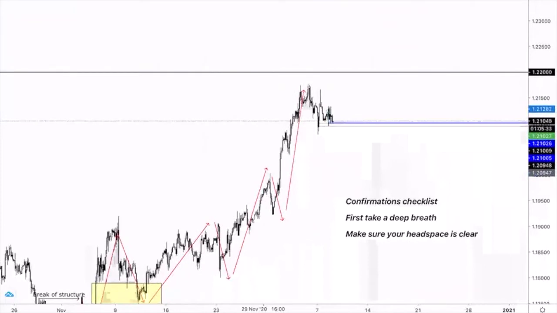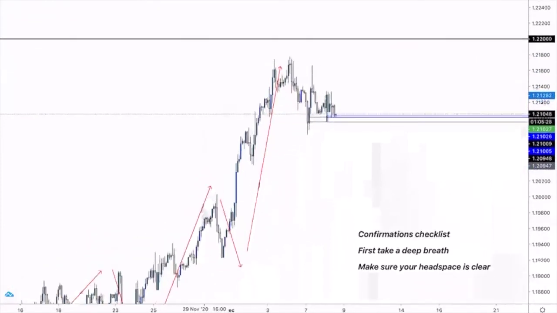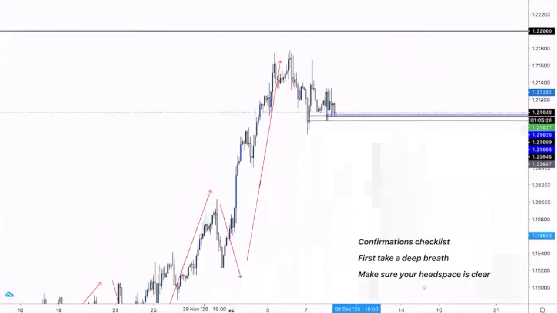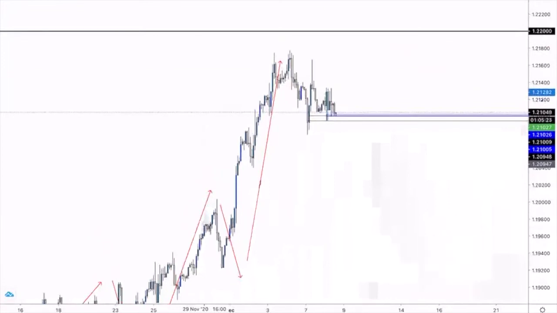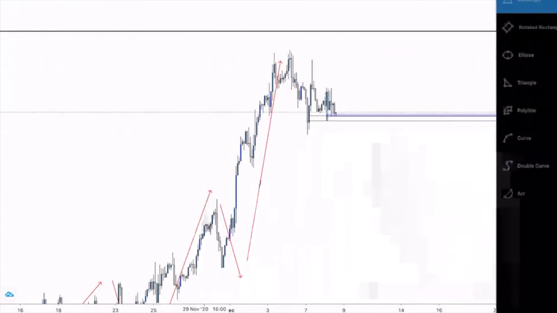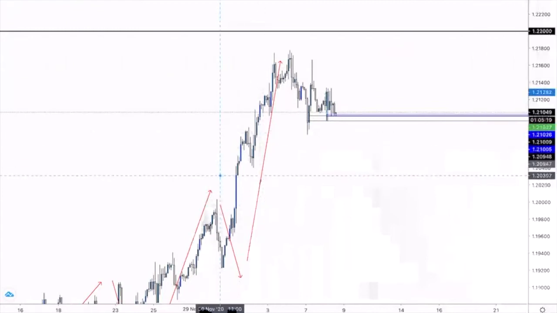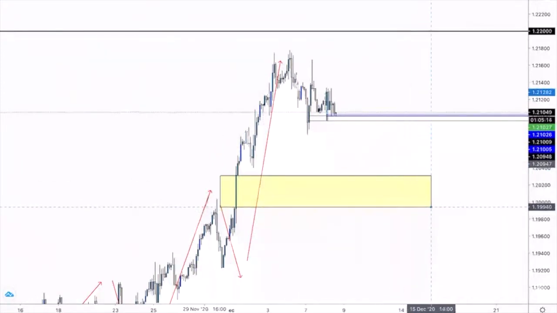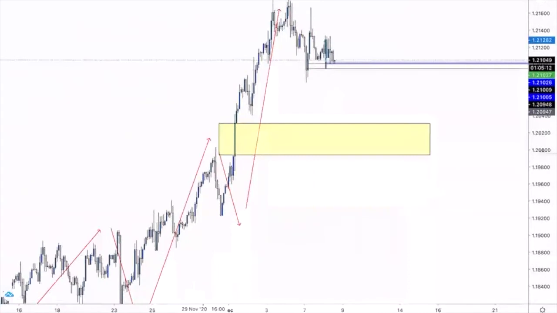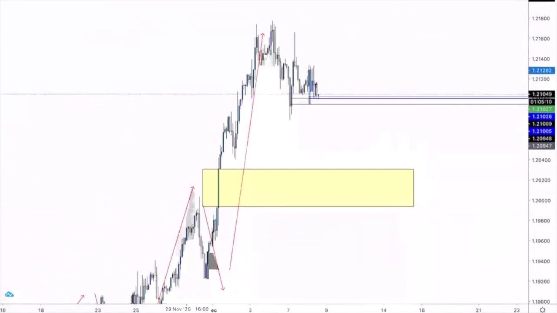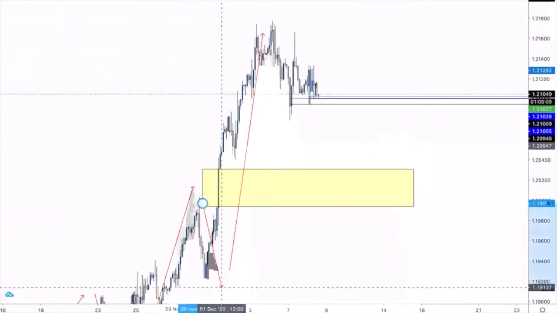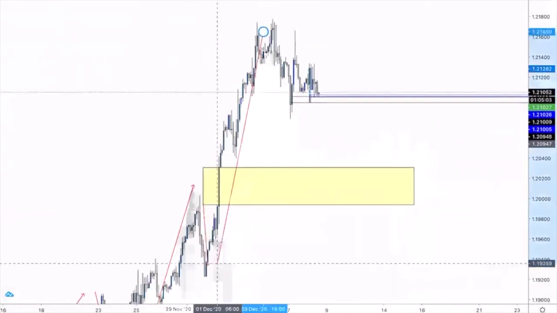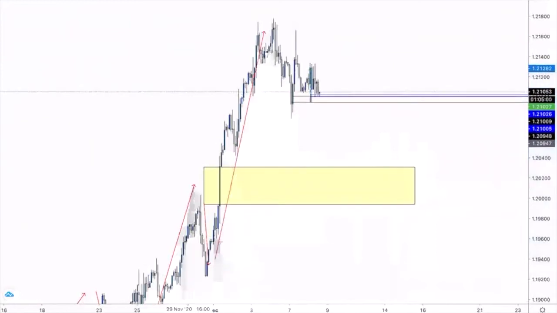So maybe we can expect some type of, you got the same imbalance. You see the imbalance right here, right? So maybe we can expect price to go down to this area to make, hold on.